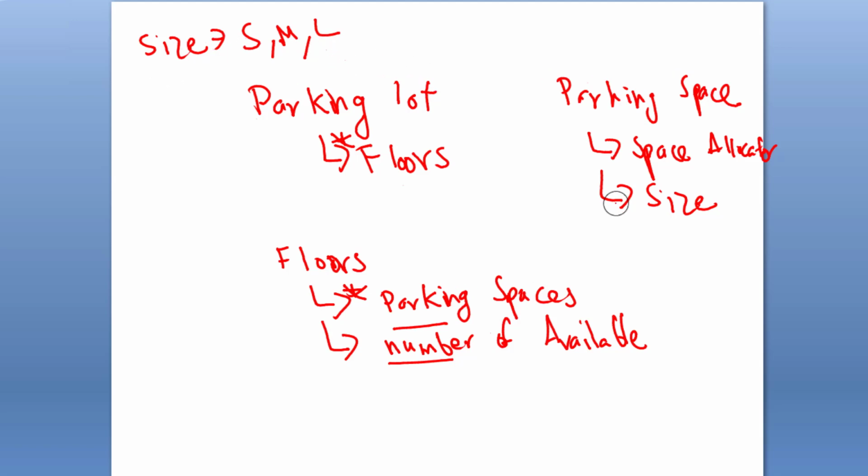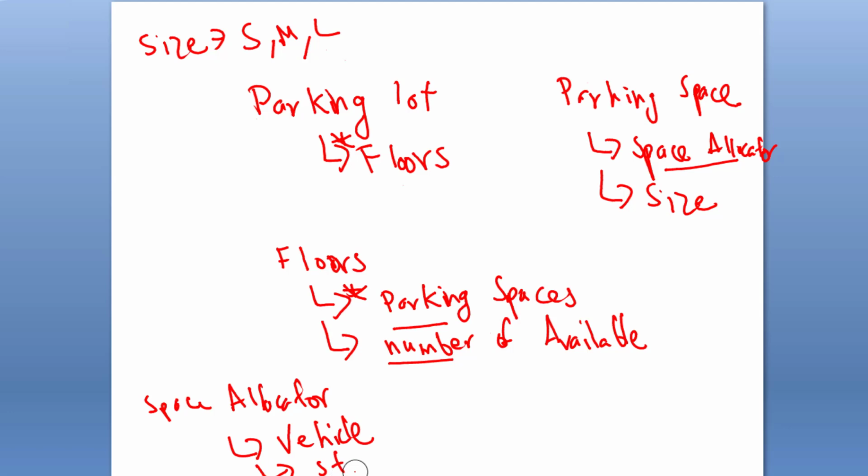This is the enum. Now let's consider what a space allocator is. It will have a vehicle inside it and also the start time, so that we can calculate the duration for which the vehicle was parked in this space.